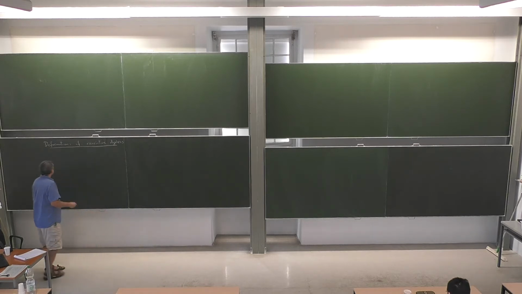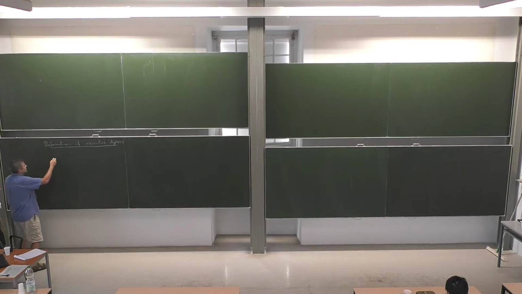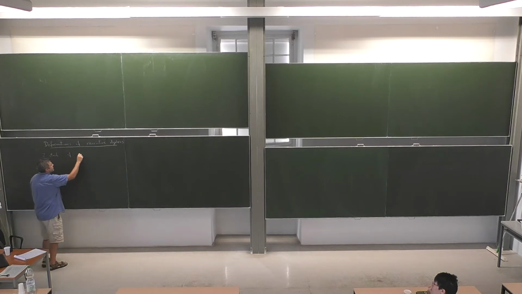So, yeah, we have this groupoid, but rather two groupoids of associative algebras.